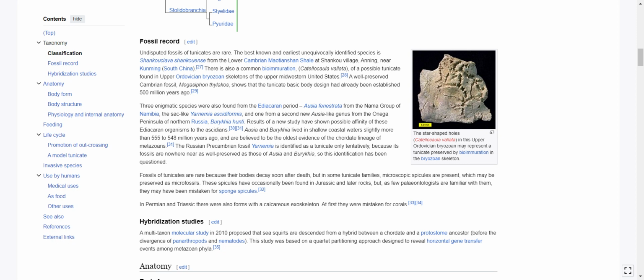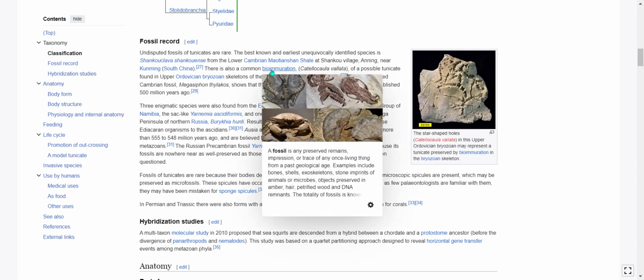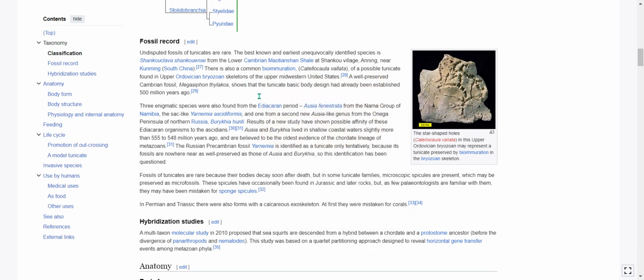Not to me, though. There is also a common bioimmuration, a fossil, no, okay, that just links to fossils, of a possible tunicate found in Upper Ordovician bryozoan skeletons of the upper Midwestern United States.